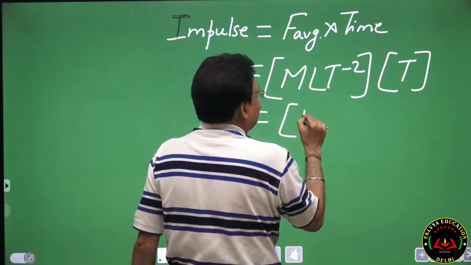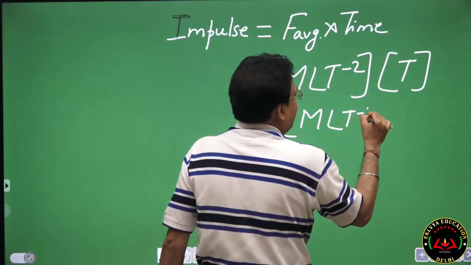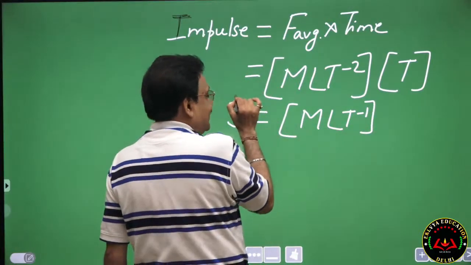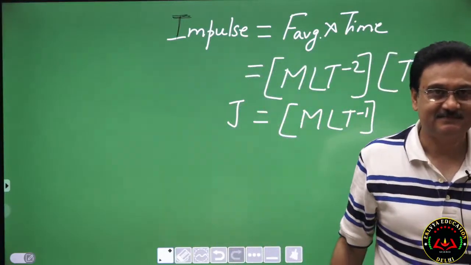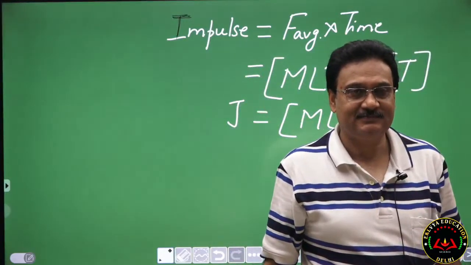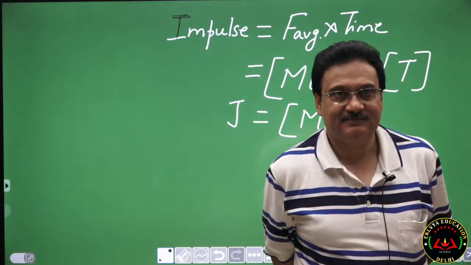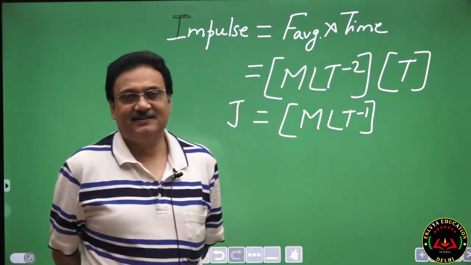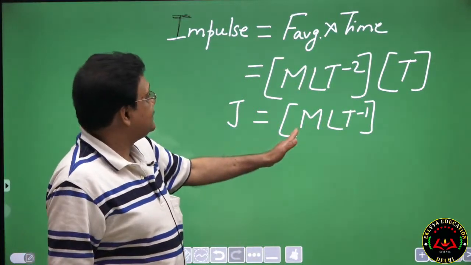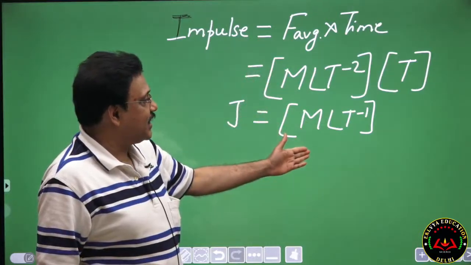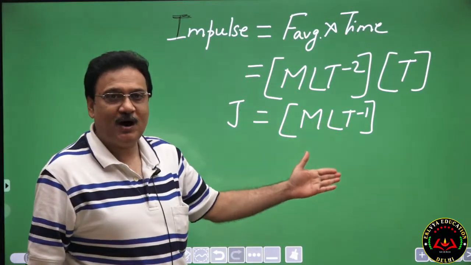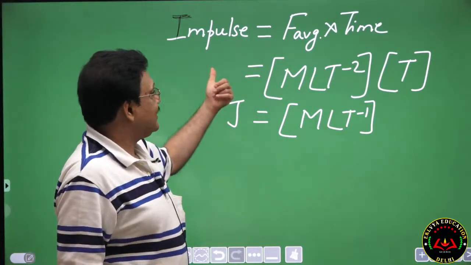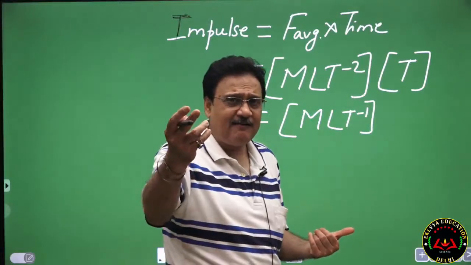Now M L t minus 1, you know J से डिनोट करते हैं हम इम्पल्स को, एंड इट्स अ वेक्टर क्वांटिटी. Is it absolutely clear? Impulse is average force into time. So M L t minus 1. ये हो गया impulse.